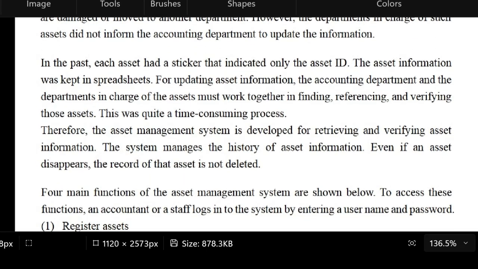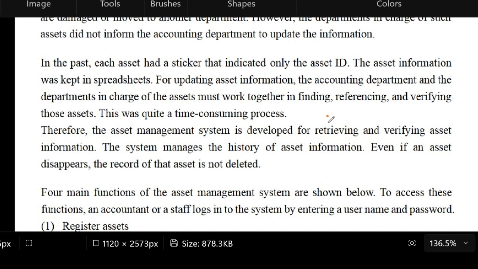In the past, each asset had a sticker that indicated only the asset ID. The asset information was kept in spreadsheets. For updating asset information, the accounting department and the departments in charge of the assets must work together in finding, referencing, and verifying those assets.